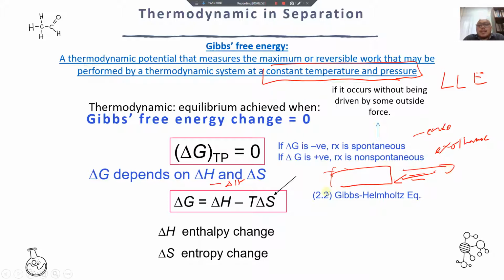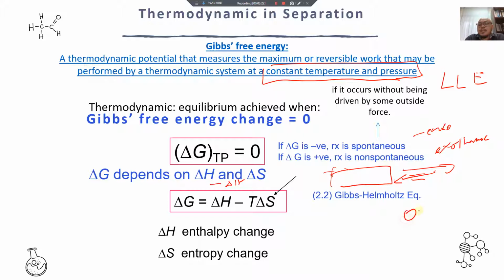Okay, so kalau kita tengok dekat sini juga, based on whether the enthalpy is exothermic or endothermic. Okay, let's say kita tengok pada entropy alone, kalau sekiranya the disorderness itu sangat kecil ataupun negatif, dia akan jadi positif.